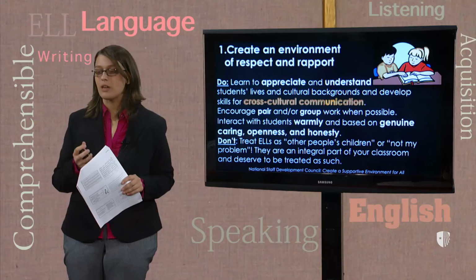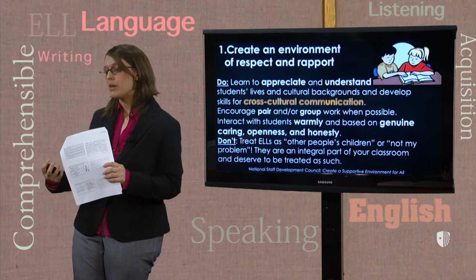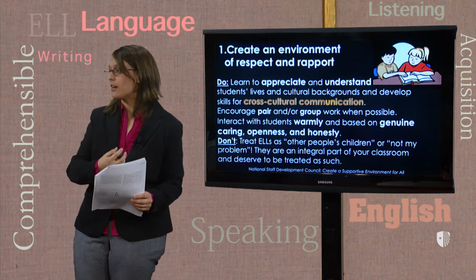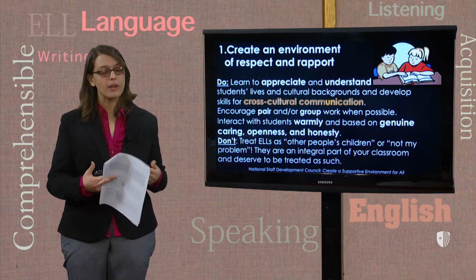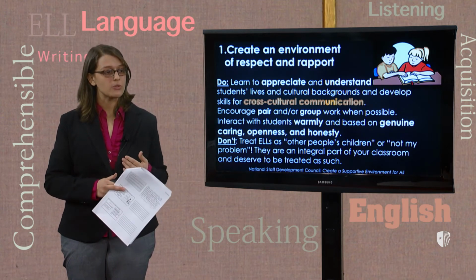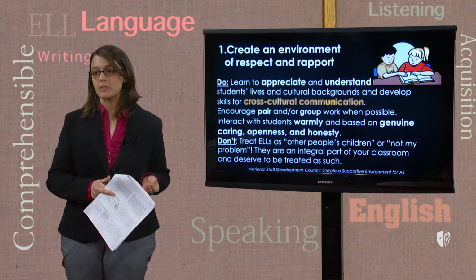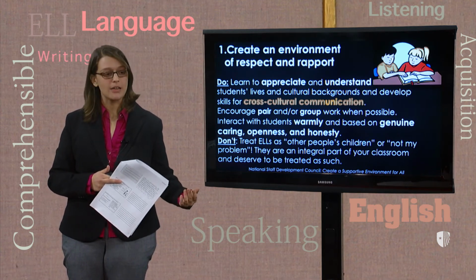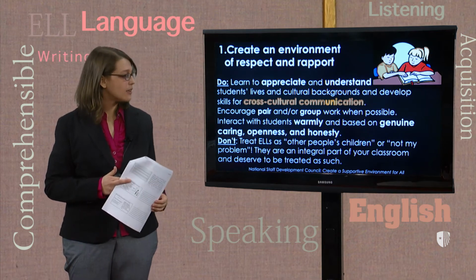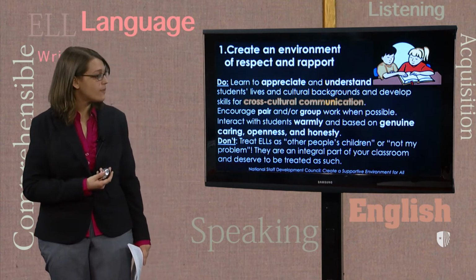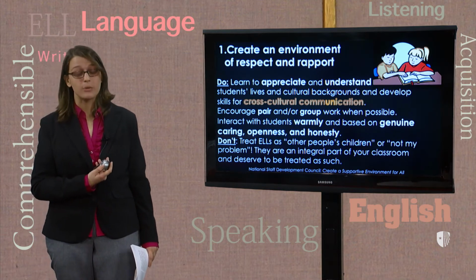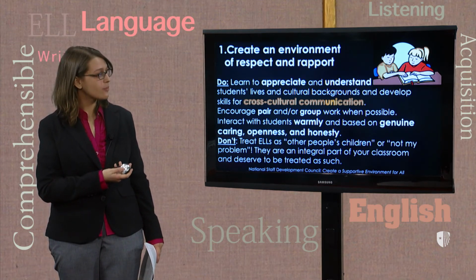So it's really important, actually, to do pair work, and not only pair work with someone who's maybe at the same level, but sometimes switching it up and giving them a student who is fluent in English and can help them achieve that kind of cross-cultural communication, not only for English purposes, but to learn about each other and understand that all of our opinions are valid and we all have something to contribute. So this attitude towards our students is very important, being warm and genuine and honest with them.